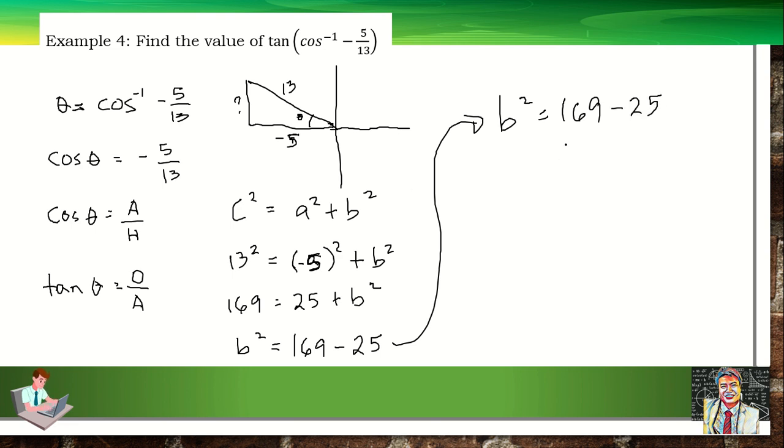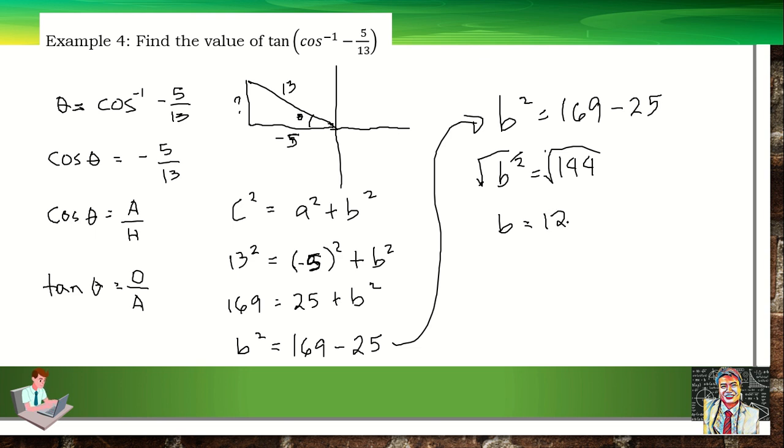Ulitin natin, inulit ko lang yung nakasulat ko. So that will become b squared is equal to 144. So square root both sides to determine the b. So b is now 12.